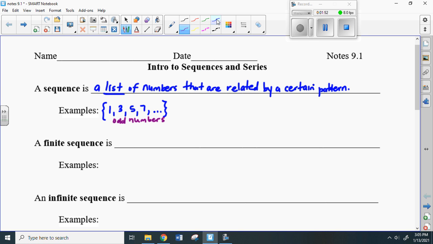All right, how about another one? What if I say this sequence? 1, 4, 9, 16, 25, ... Okay, give you a second to think about those.